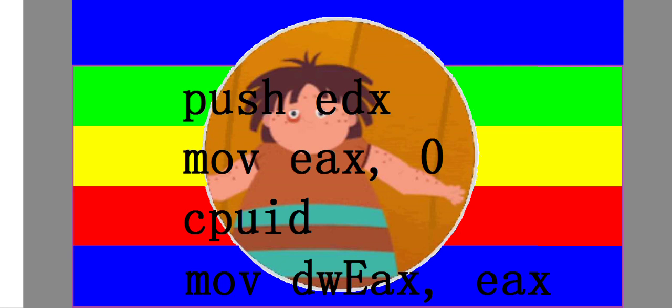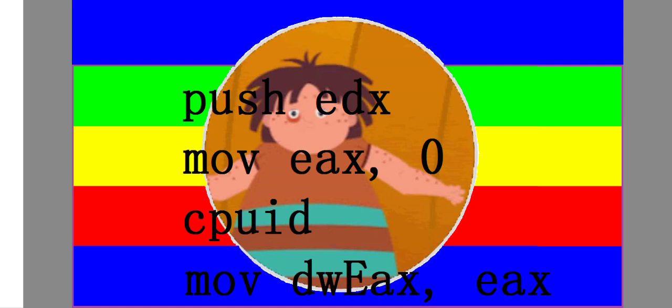CPUID. CPUID is a new instruction that we don't use before.